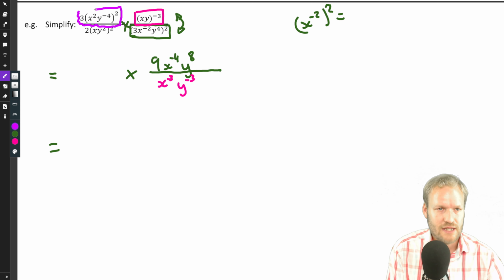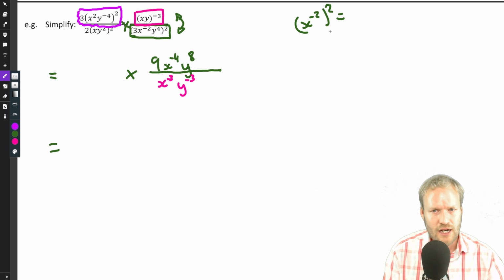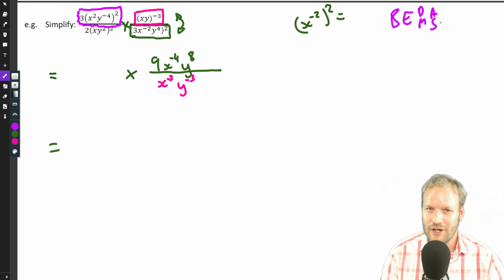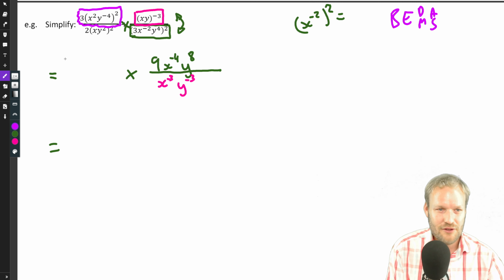3 times something squared. Now, according to our order of operations, BEDMAS is a way to remember our order of operations, we must do the exponents before we do the multiplication. So we're going to have to multiply the 3 in to that squared.